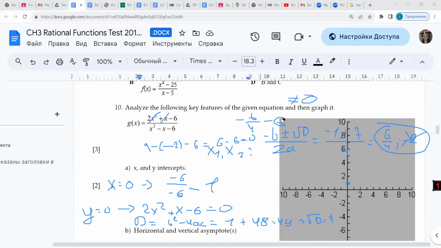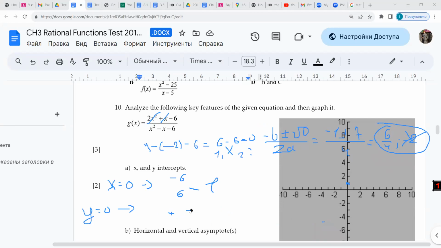So now I can tell that I have only one x-intercept, which is x equals 6/4. Meanwhile, the y-intercept is 1.